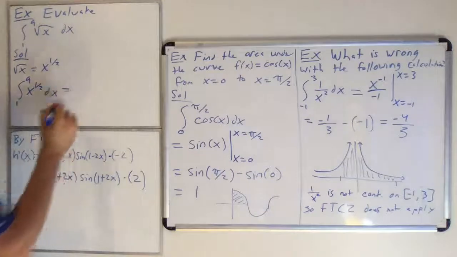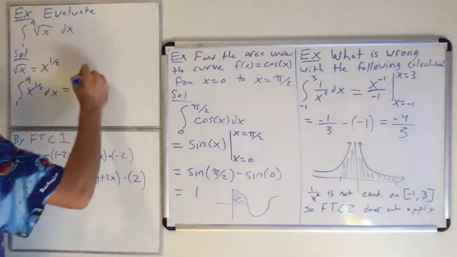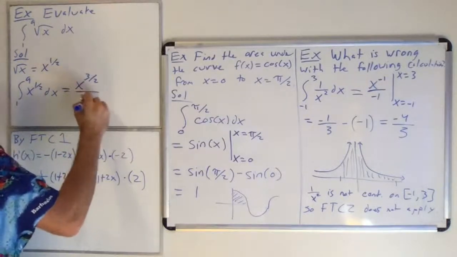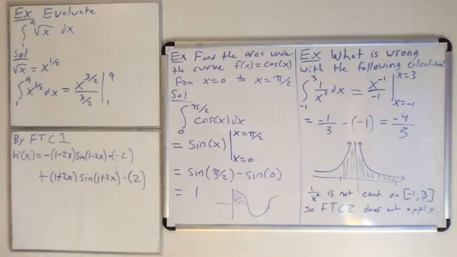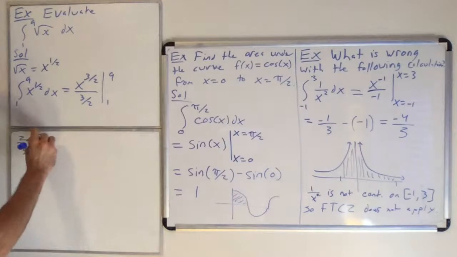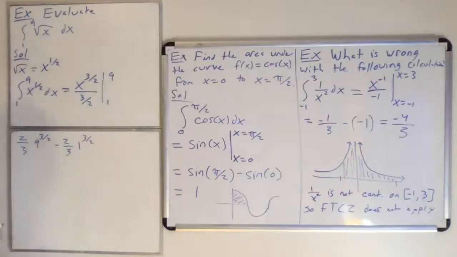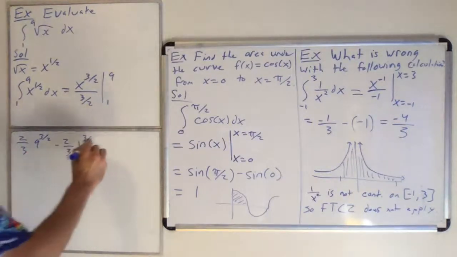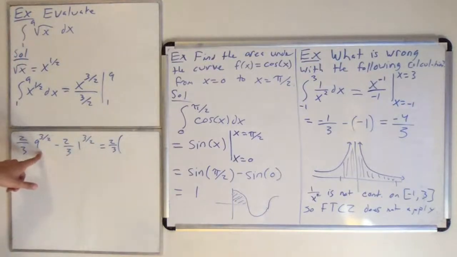Okay, and so we'll increase the power by 1, divide by the new power, and evaluate at the endpoints. So that's 2/3 times 9 to the 3/2 minus 2/3 times 1 to the 3/2. 9 to the 3/2.